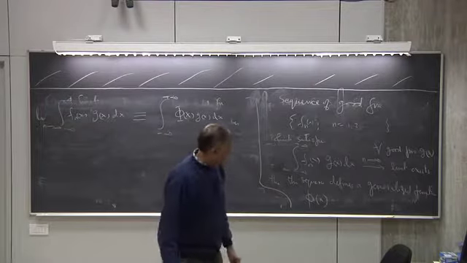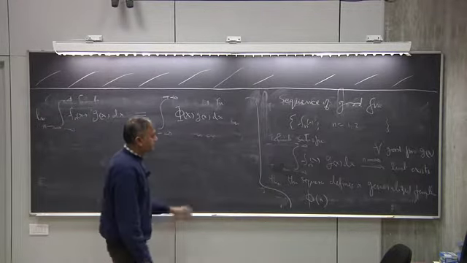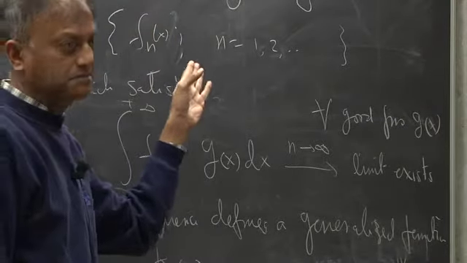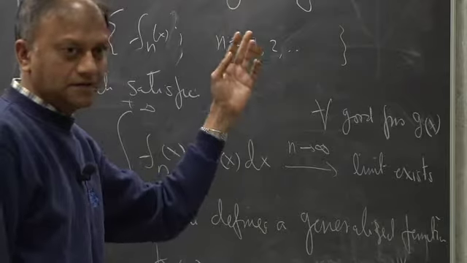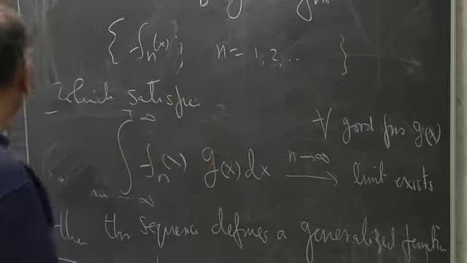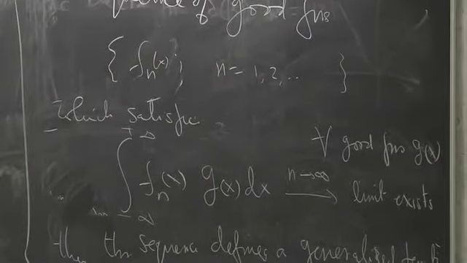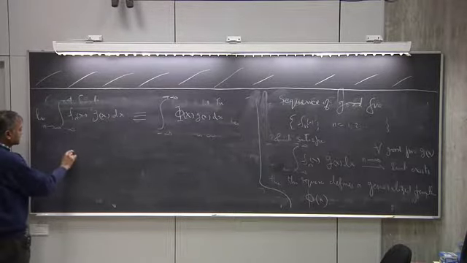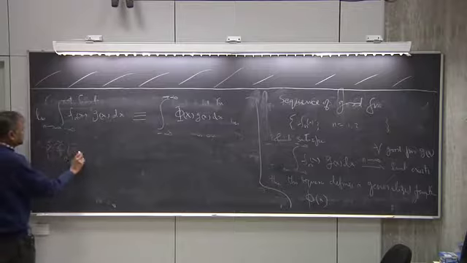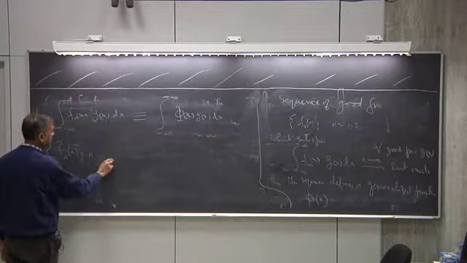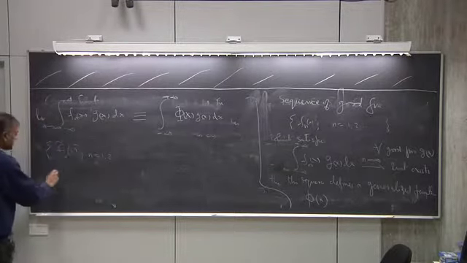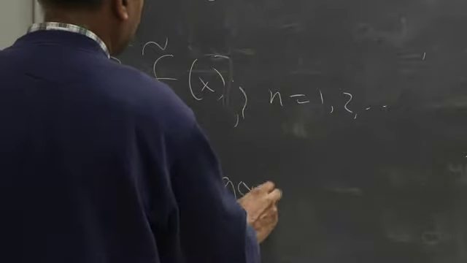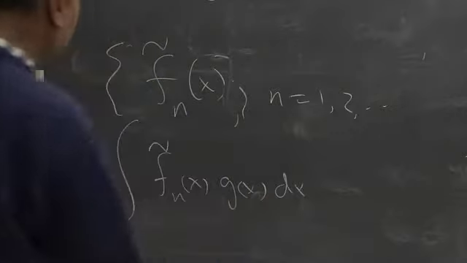Okay. Now it may happen that you have some different sequence of functions, let's say some f tilde n. So consider another sequence f_n tilde(x), again n equal to 1, 2, etc. And suppose that this also has a limit, the integral of f tilde n(x) g(x) dx.